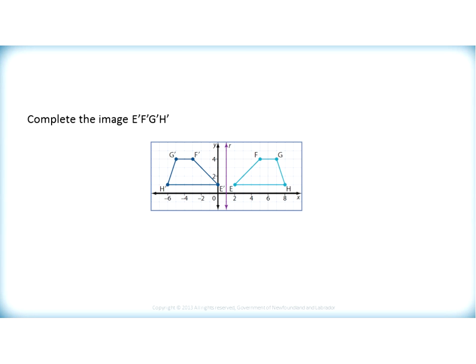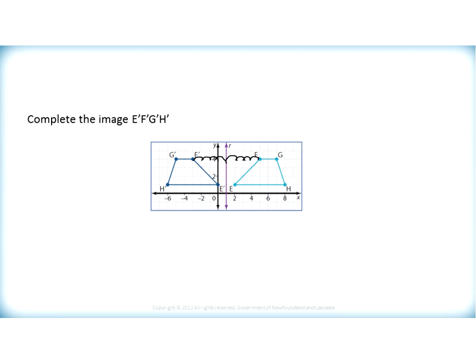And we're going to complete the image by doing the exact same thing for every other point. Point F is 1, 2, 3, 4 units away to the right of my line of reflection. So point F prime is 1, 2, 3, 4 units to the left of my line of reflection. G is 6 units.